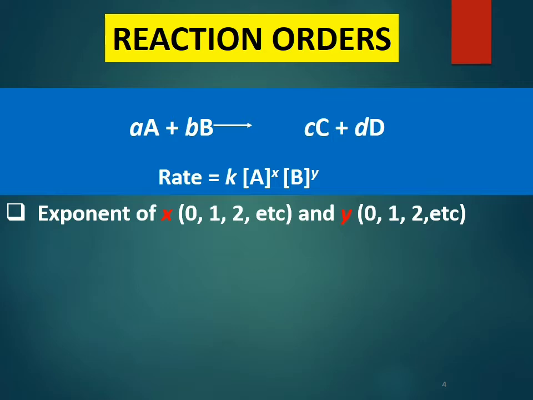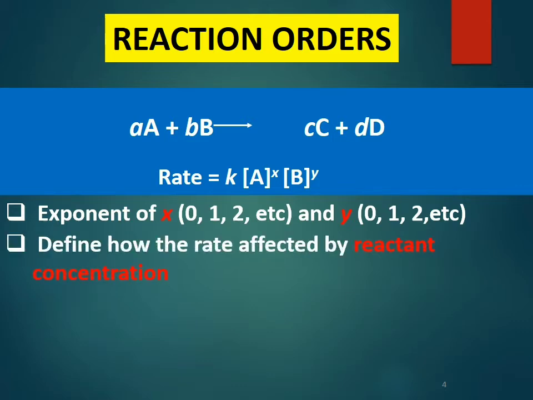To write the reaction orders, we can use any letters to represent them. It's not necessary to use x or y; sometimes you can use m, n. Reaction orders are used to define how our rate is affected by the reactant concentration.